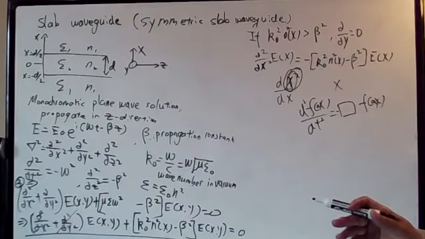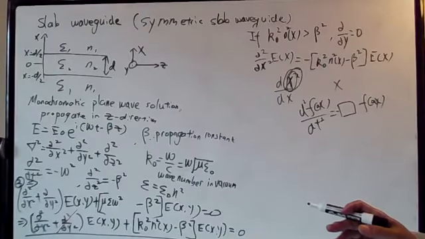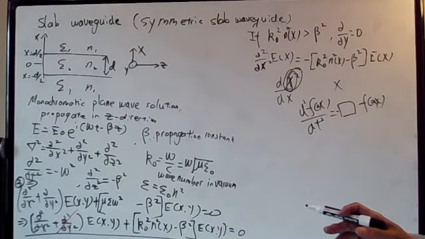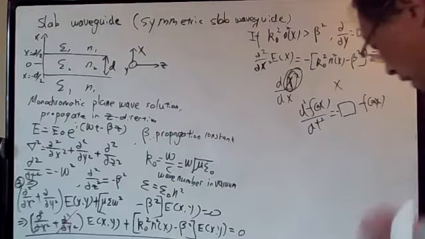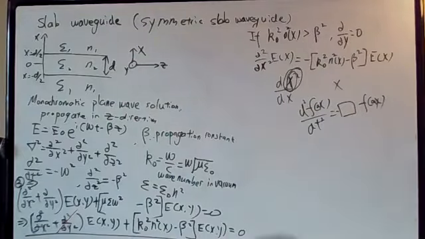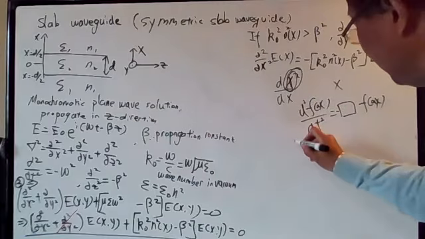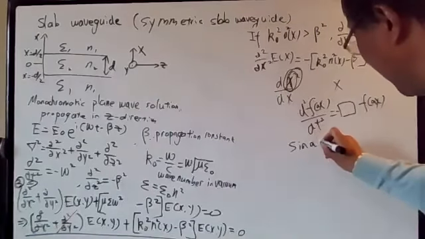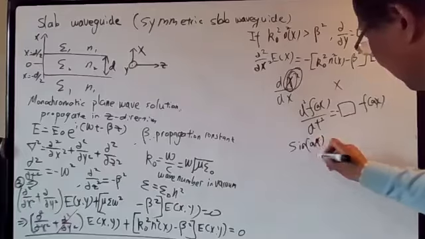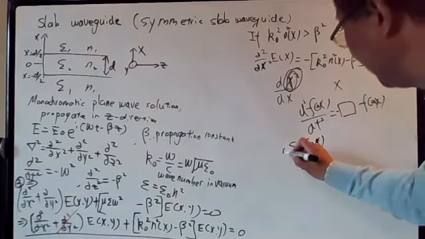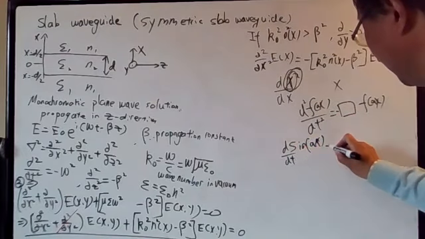Any idea what kind of function it is? How about a sine function, right? Okay, let's take a sine function. What if I have sine ax? Take a first derivative.